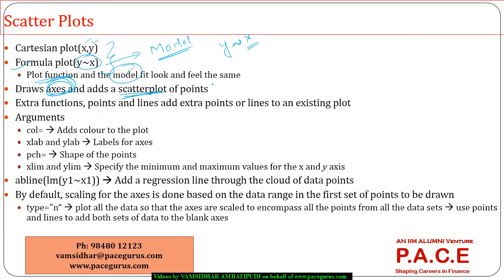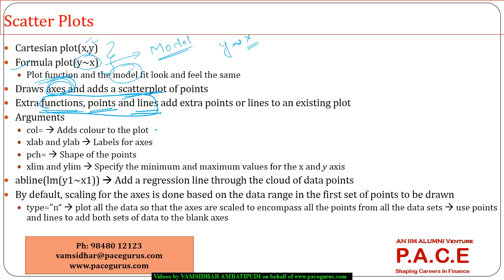So now I can start adding extra functions to it. I can add points more and more, I can add more and more lines, and I have different kinds of functions available to really add something more to the chart. Even the arguments.